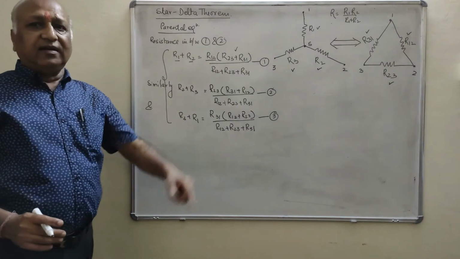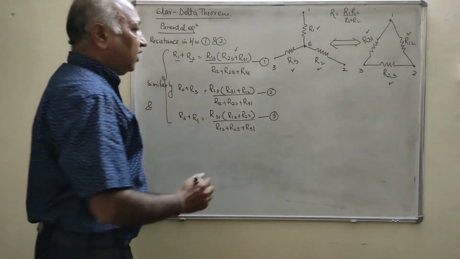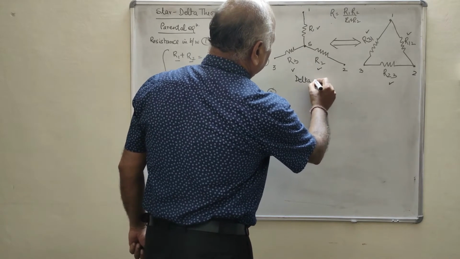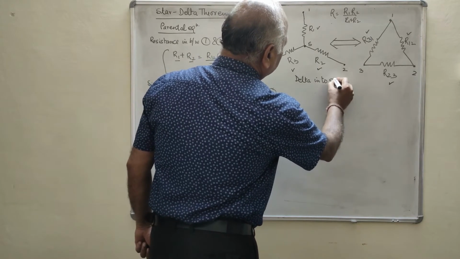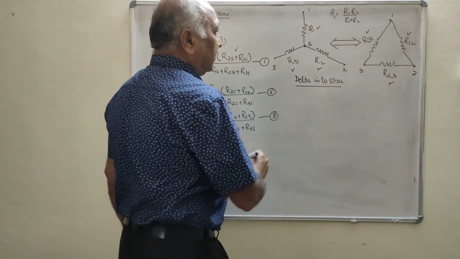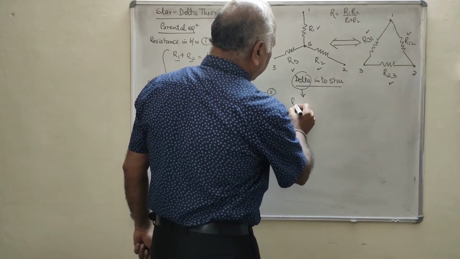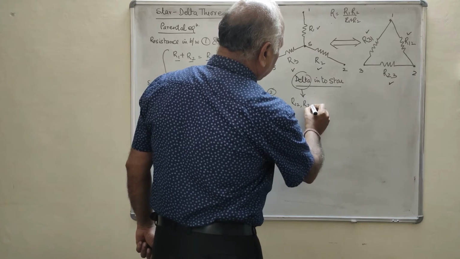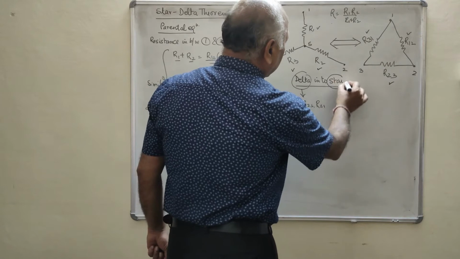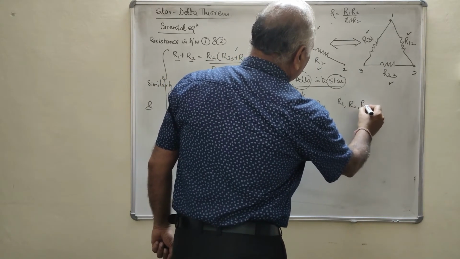Either it is star to delta or delta to star. First of all, we are converting the delta into star. Delta into star. That means the resistances in delta are R12, R23 and R31, and in star they are R1, R2 and R3.